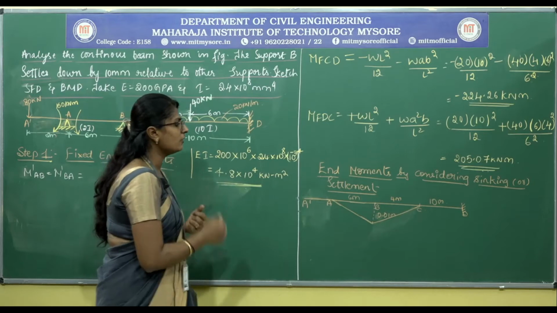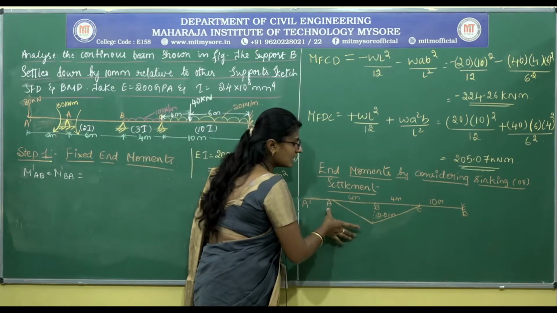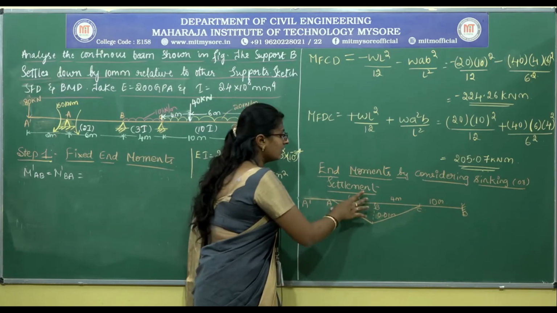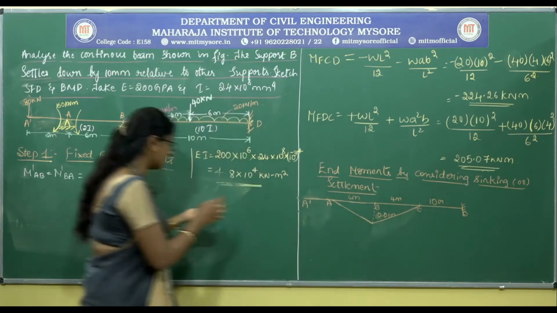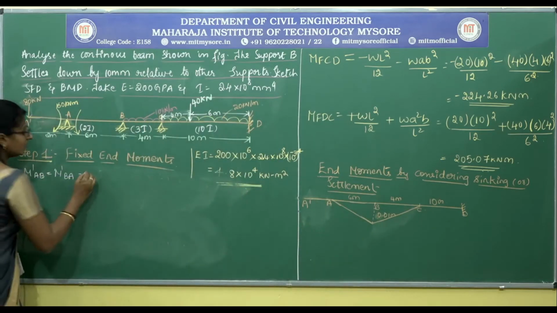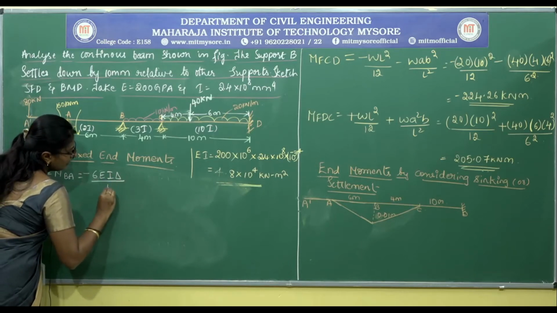So as we all know, with respect to left support, right support is sinking. If the right support sinks with respect to left support, then the moment considered is negative, which is equal to minus 6 EI delta by L square.